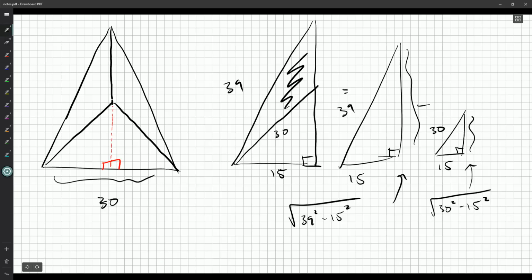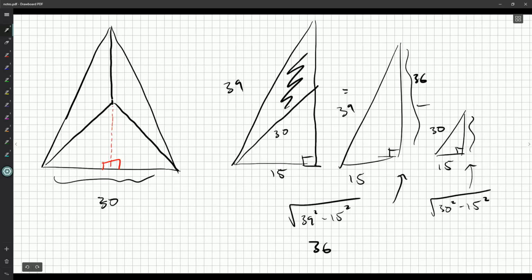Let's see here. So 39 squared, 1521, minus 225, which is 15 squared, is 1296, which happens to be 36. So the height over here is 36. 30 squared minus 15 squared, so that's 900 minus 225, and if I square root that, I'll get 25.98.